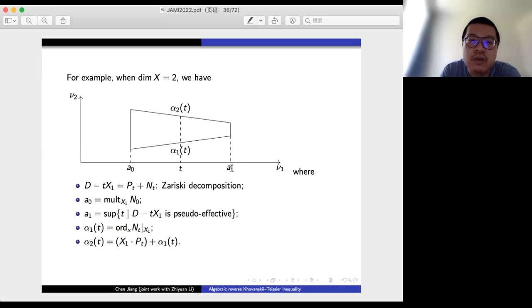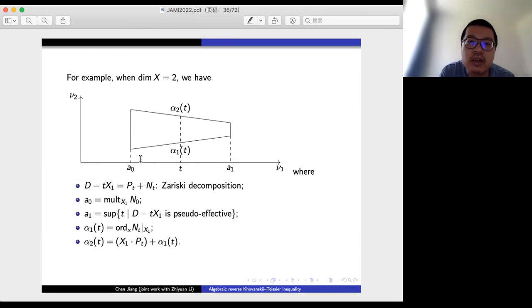It starts from nu_1 equals t, from a_0 to a_1. Here a_0 is the multiplicity of X_1 in N_0, the negative part of the Zariski decomposition, and a_1 is the pseudo-effective threshold of X_1.